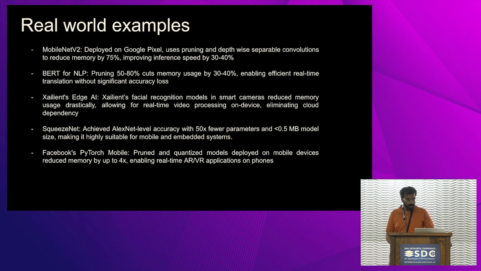BERT, which is a model that we use for our experimentation, sees pruning of 50 to 80% cut the memory usage by 30 to 40%, without accuracy loss actually, and it enables real-time translation. Xalient's Edge AI uses facial recognition models in smart cameras, and it reduced the memory usage using these techniques, and it allowed for real-time video processing, eliminating dependency on cloud.